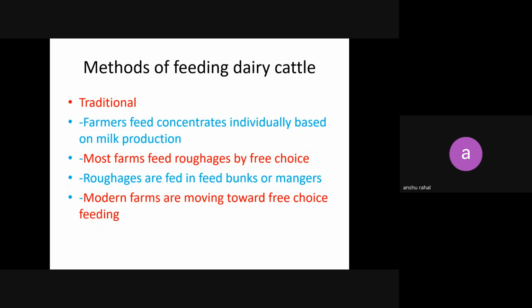And at some farms, the roughages are fed mostly by free choice, and concentrate is given in very limited amount, because concentrates are costly. And roughages are mostly fed in feed bunkers and mangers. But the modern farms are now moving to free choice feeding in order to get maximum milk production from the animal.